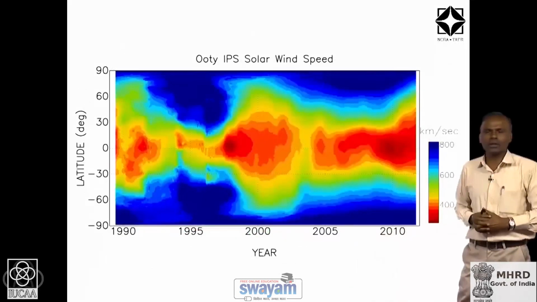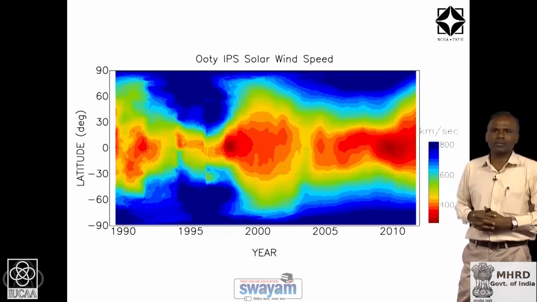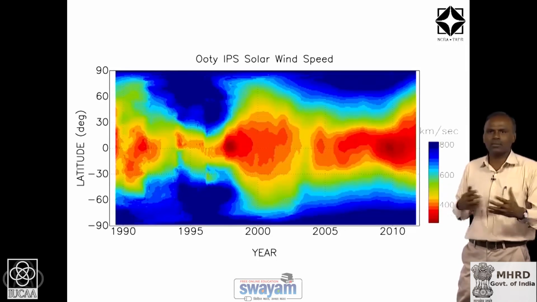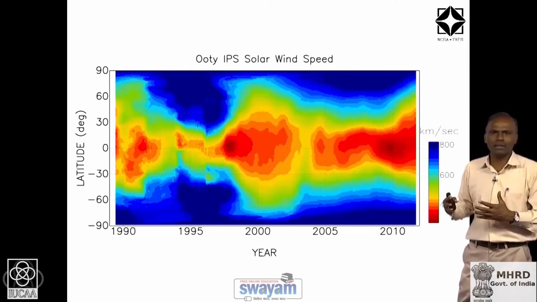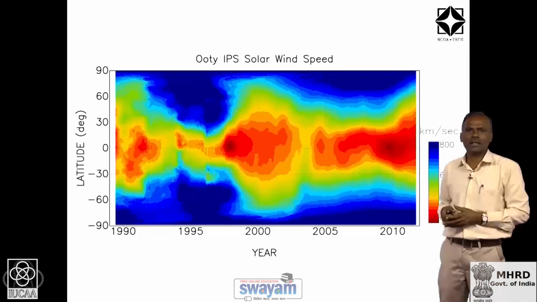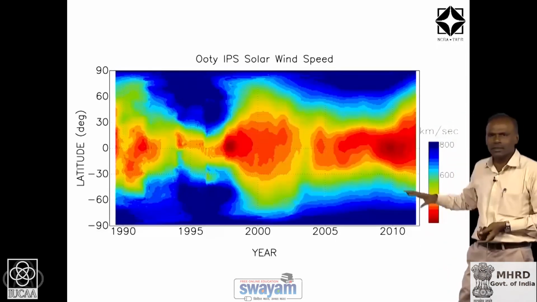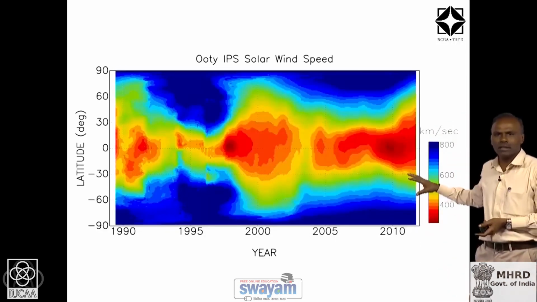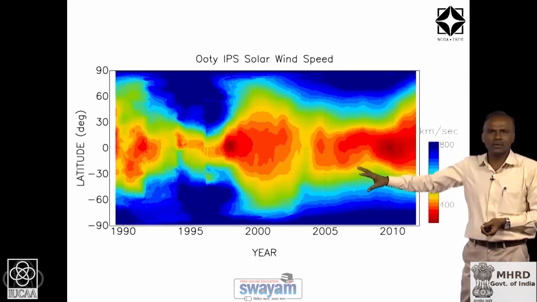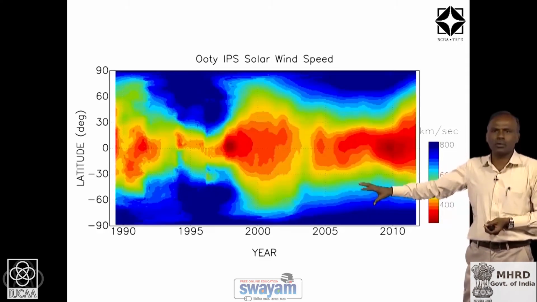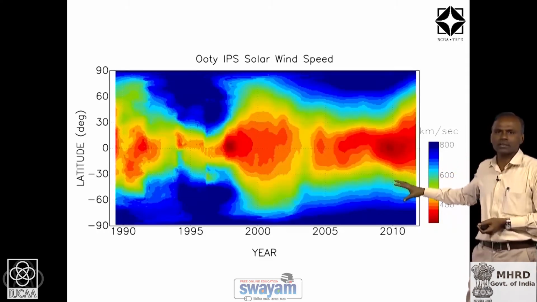So, this shows the solar wind speed. Okay. So, if you compare the solar wind speed and density turbulence, so they have one-to-one anti-correlation, but the structures are different. So, the three-dimensional view of the solar wind shows a drastic variation from one solar cycle to the other solar cycle.